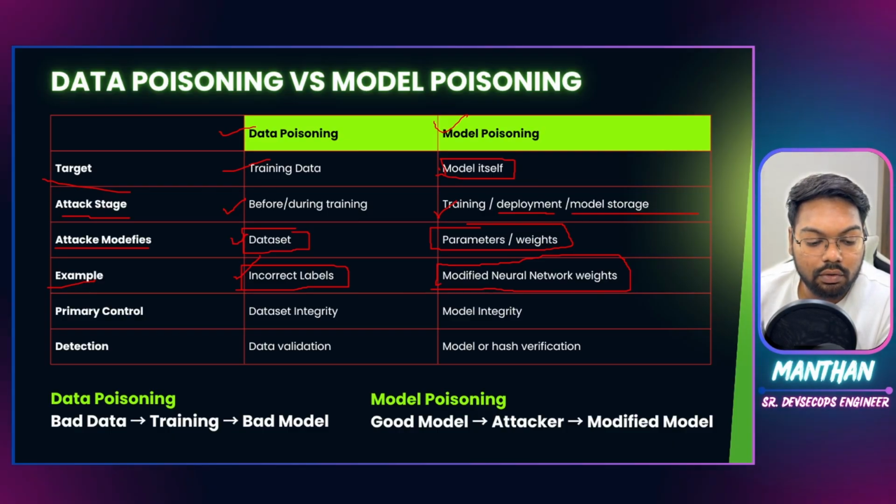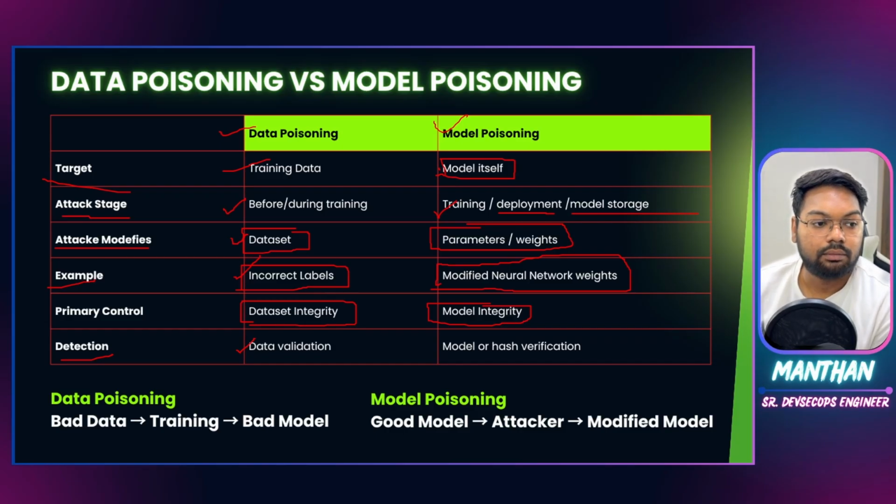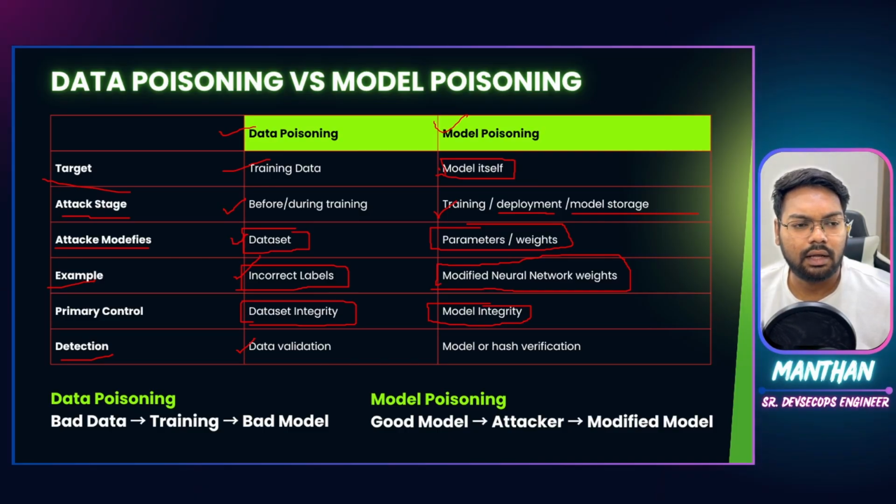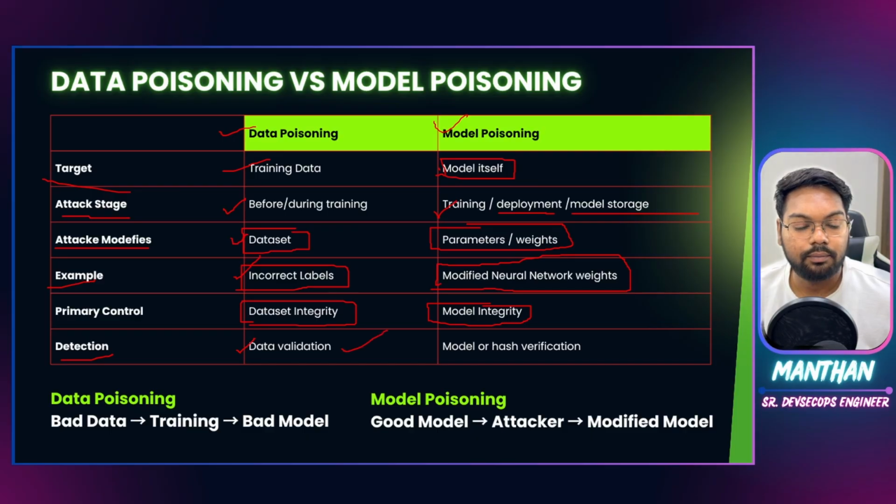Then what is the primary control? We can apply dataset integrity checks, and here we can apply model integrity, runtime behavior checks, and all of these things. And how could detection be possible? We do a data validation step for the entire data set, and if we find that this is not data that I fed it, you can validate that the data was tampered with or poisoned.